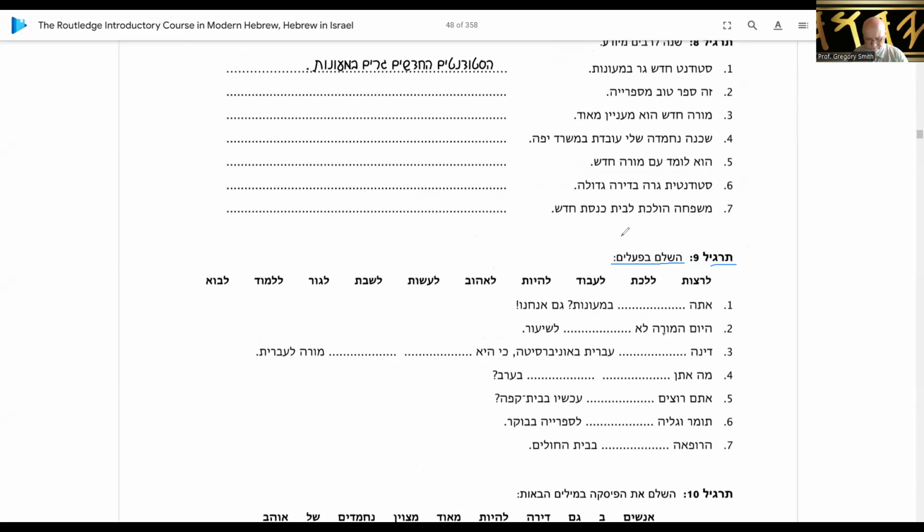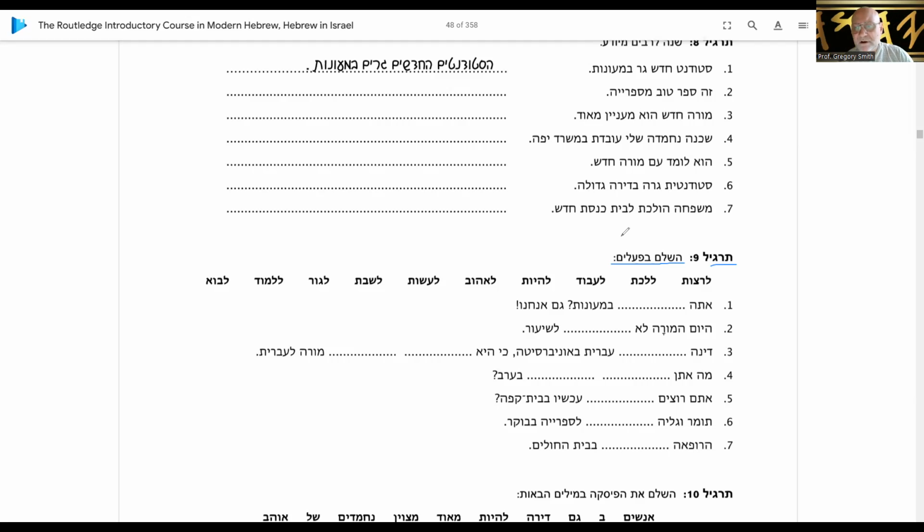That's right. השלם בפעלים. Oh, wait a minute here. We don't have a shirk in there. Hashalem b'pa'alim. Complete with the verbs.